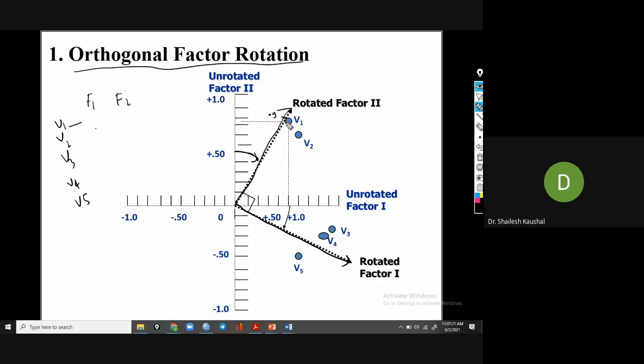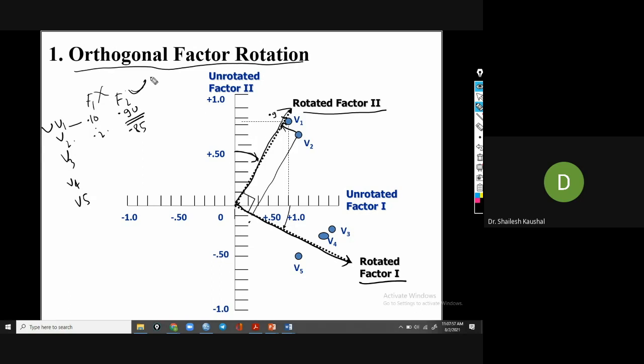On the other rotated factor, the value is very low, almost 0.1. So a low value here, 0.10 something, and a high value here, so it is desirable. We will take this variable under this factor, not f1. Same as V2: V2 gives a high value of 0.85 on one factor and a low value, almost 0.2 something, on the other.